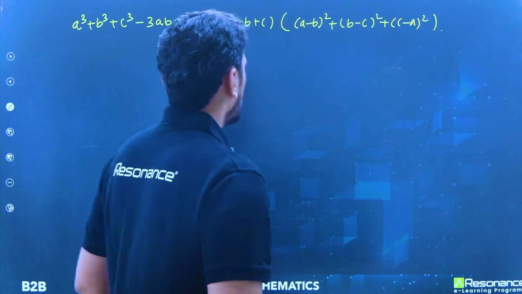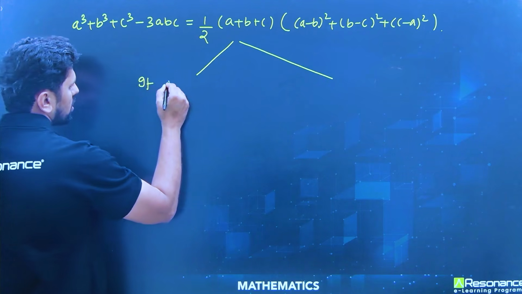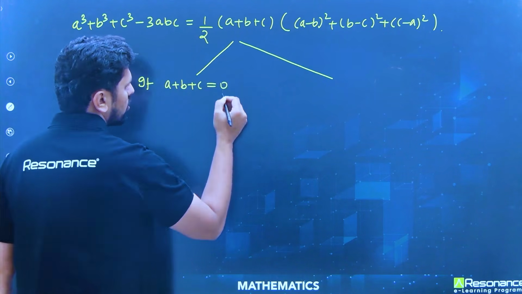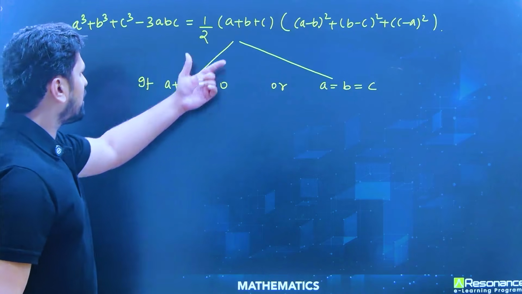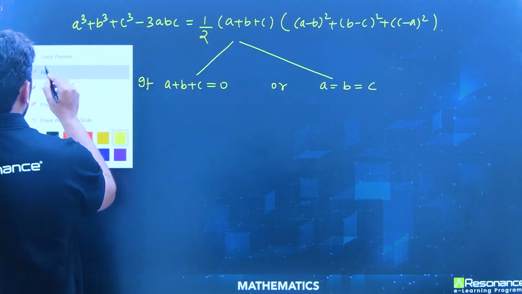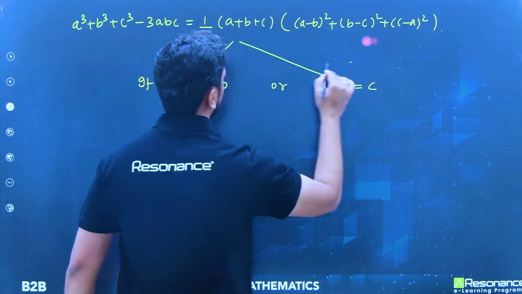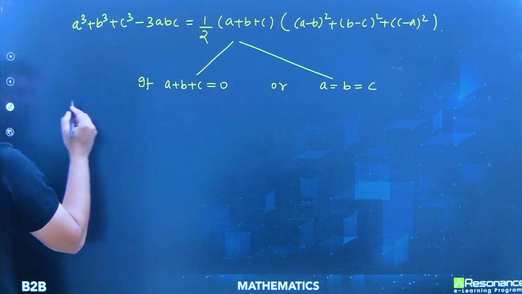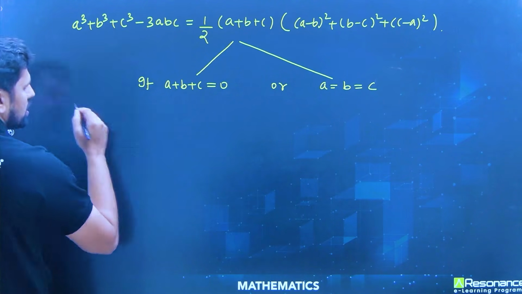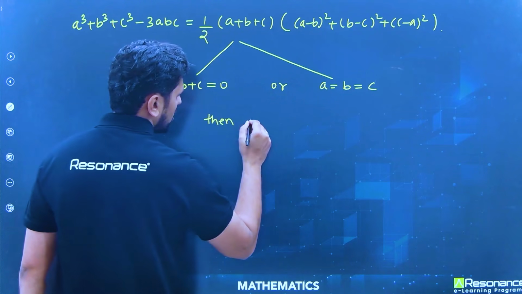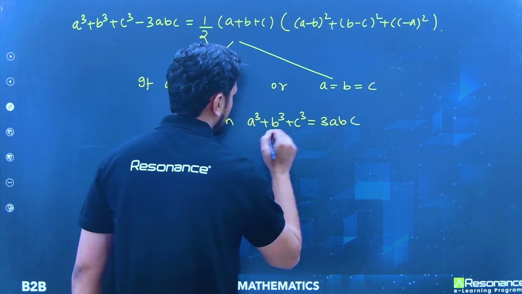Two cases arise here: if a + b + c is equal to 0, or a equal to b equal to c. If a + b + c is 0, then the whole thing will become 0. Yes or no? So we can say that a³ + b³ + c³ will be equal to 3abc.